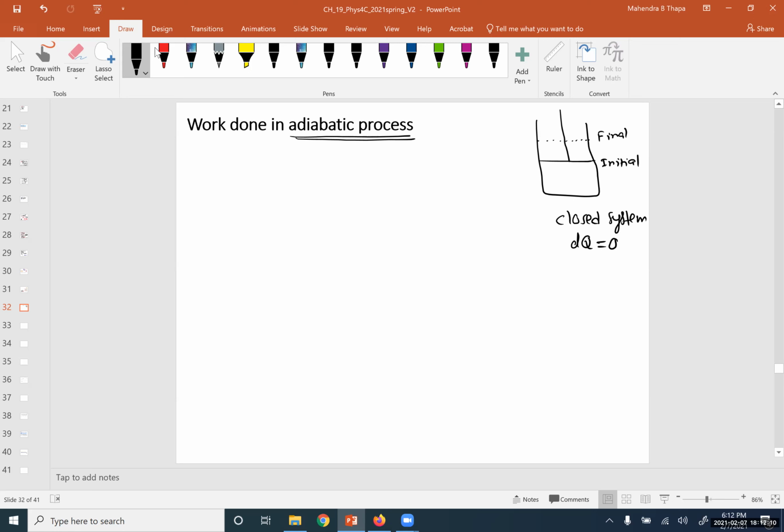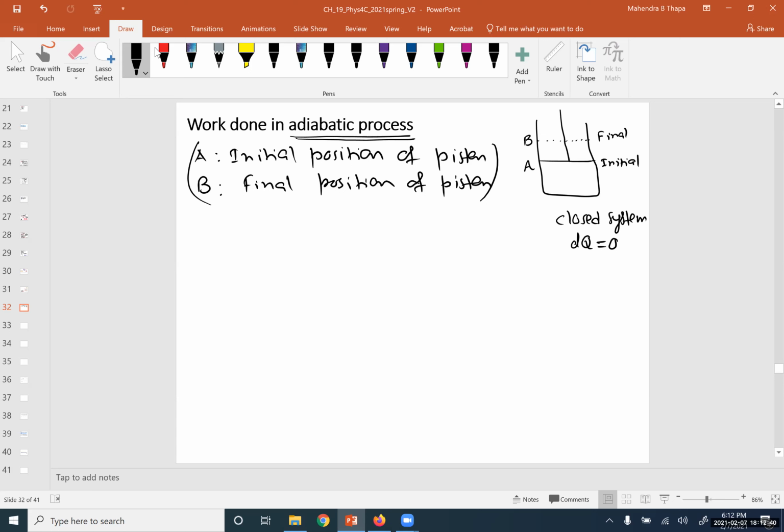So the piston will move from position A to position B. Here A is the initial position of the piston, and B is the final position of the piston.